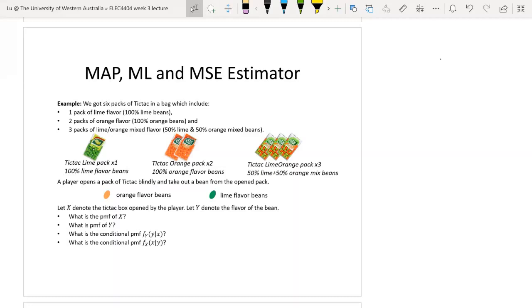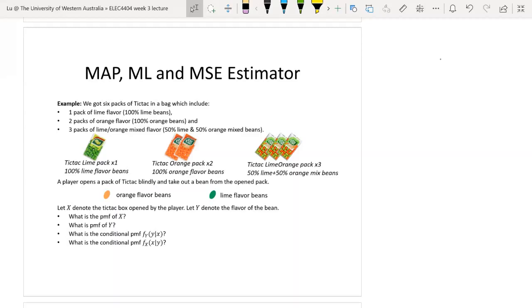Now, for this question, we've got 2 random variables in the whole system. The first random variable, x, denotes the Tic Tac box you opened. And the y random variable denotes the flavor of the bin the player picked. So 2 random variables.